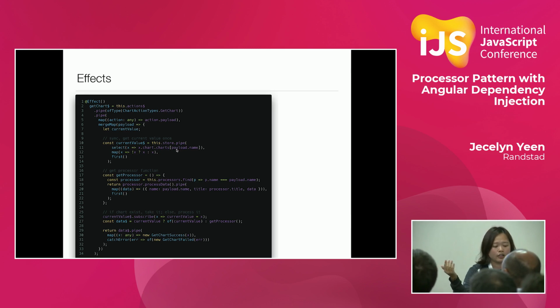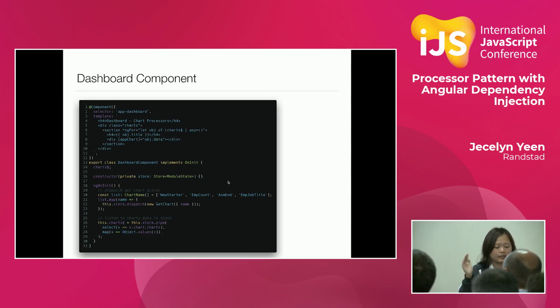But if it doesn't exist, first we get the correct processor, then we run the processor logic to process the data, and then we append the data to the chart state. Okay. So in the final line, we either get the data from our cache, which is our state, or from the API.